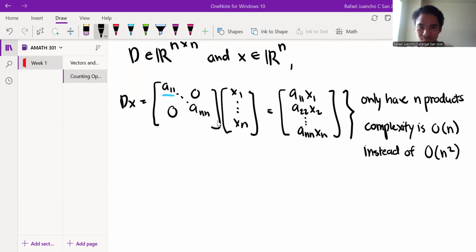Just write code that's more efficient, basically. That's pretty much it.